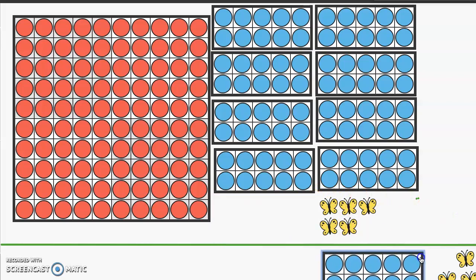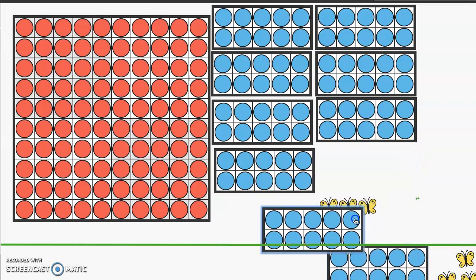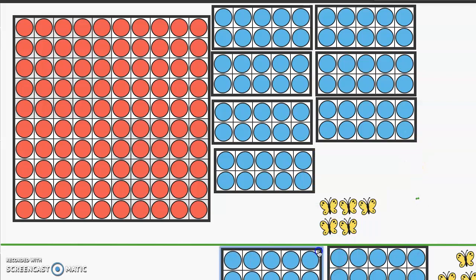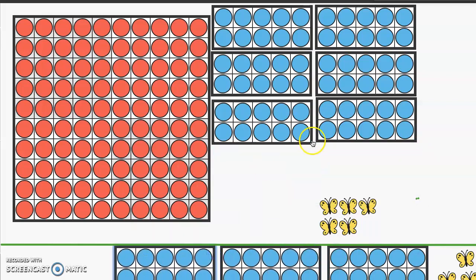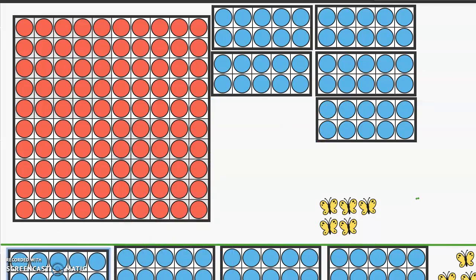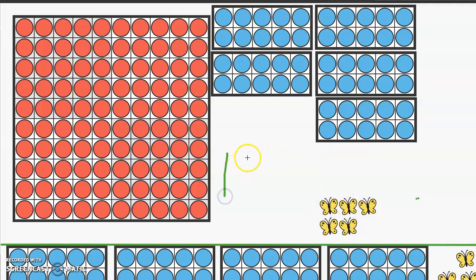So 1 ten, 2 tens, the third ten, and the fourth ten. They will then recount. They have 100, 5 tens, and 5 ones, making the answer 155.